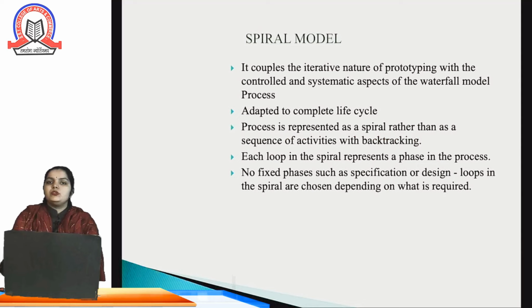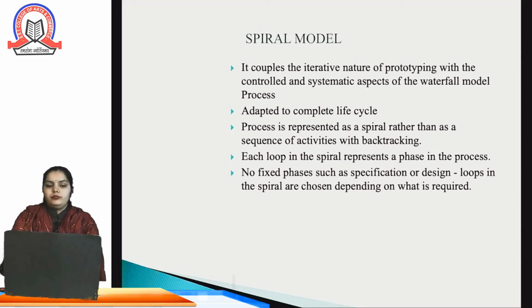Now the next model is the spiral model. It couples the iterative nature of prototyping with the control and systematic aspects of the waterfall model. So this is inspired by both the prototyping model and the waterfall model.